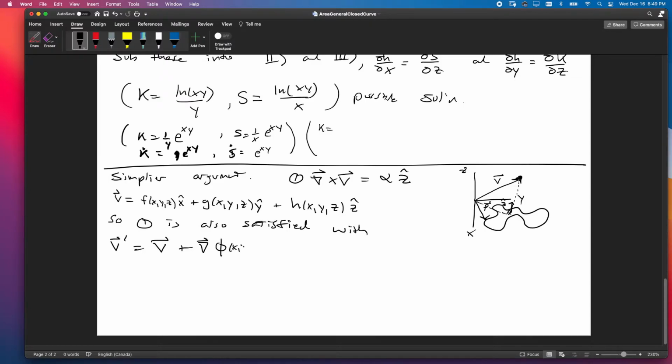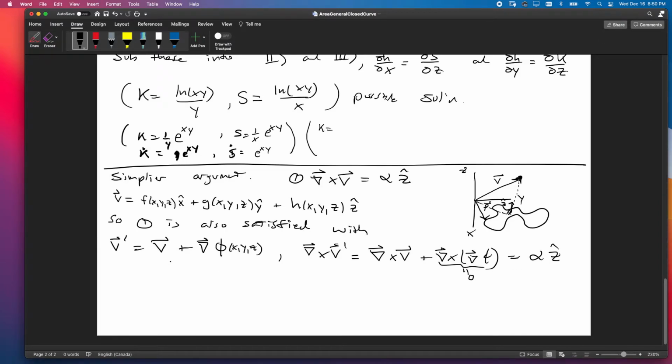It depends on x, y, and z. And this is because the curl of v prime will be the curl of v plus the curl of the gradient of phi, and this is always equal to 0. So it's just equal to alpha z hat.